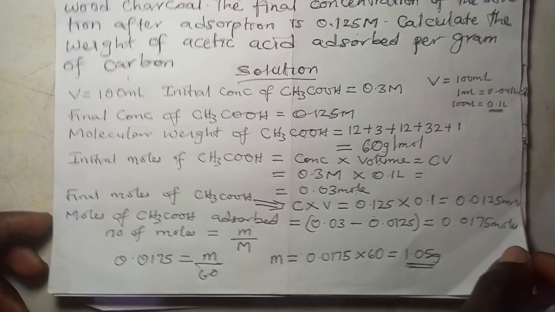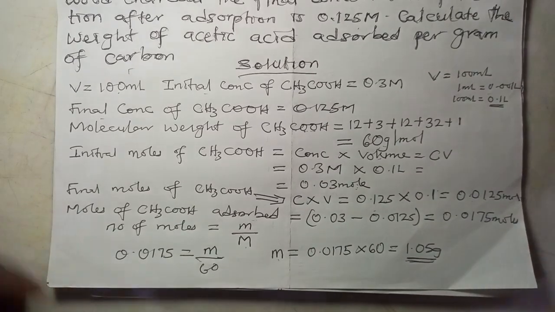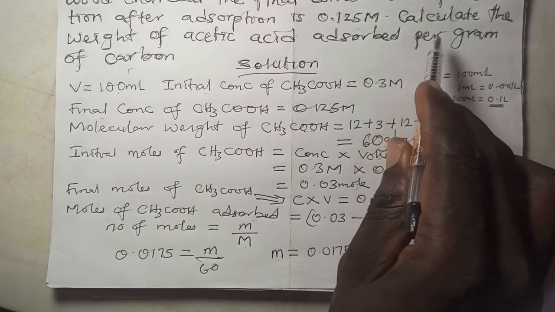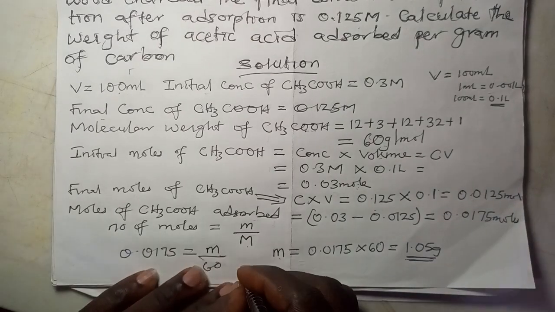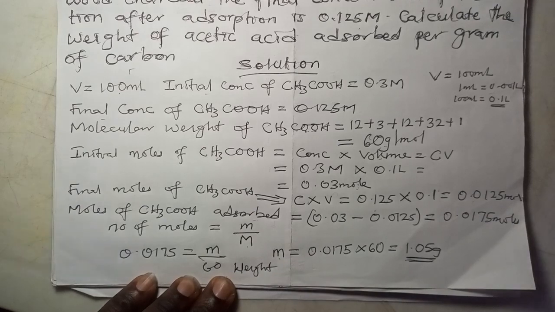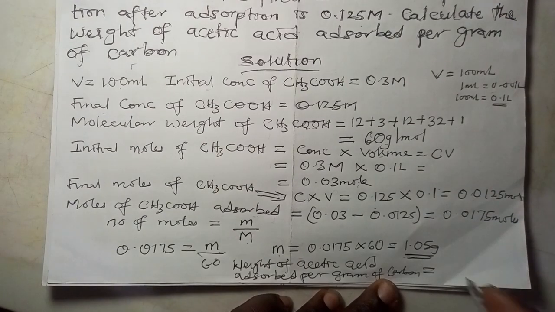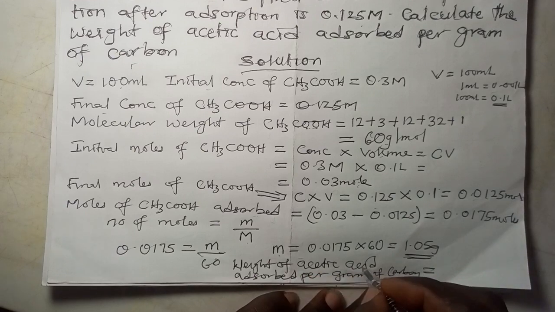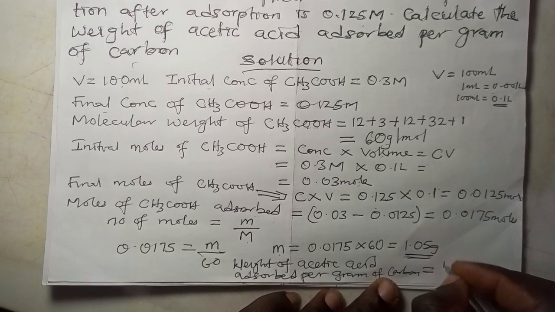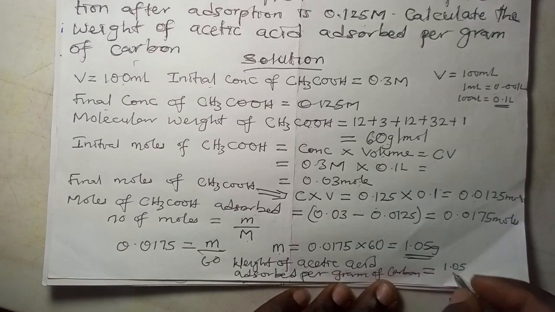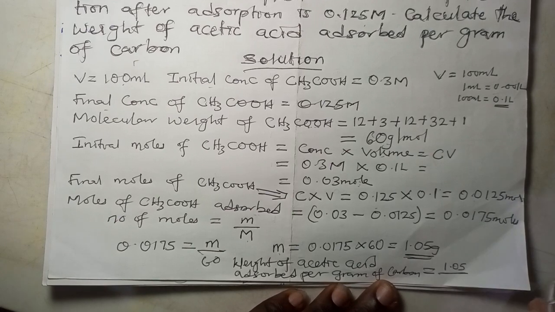Now, what you do is this. This actually is the weight of acetic acid adsorbed, but they went further to say per gram of carbon. So this is how you will write it: that weight, I hope you can see what I'm writing, is actually equal to weight of acetic acid, which is 1.05, then I say per gram of carbon.